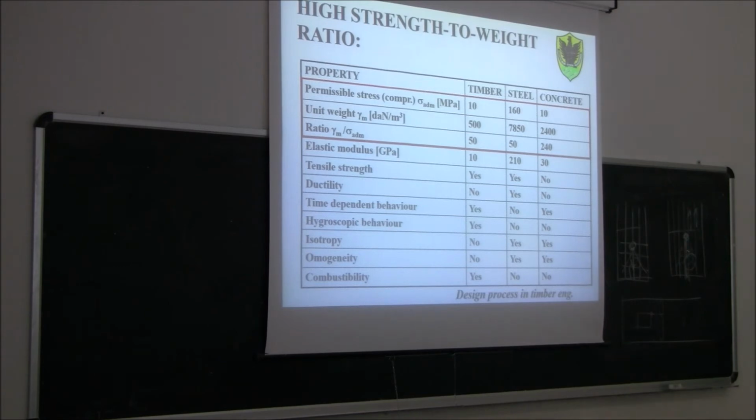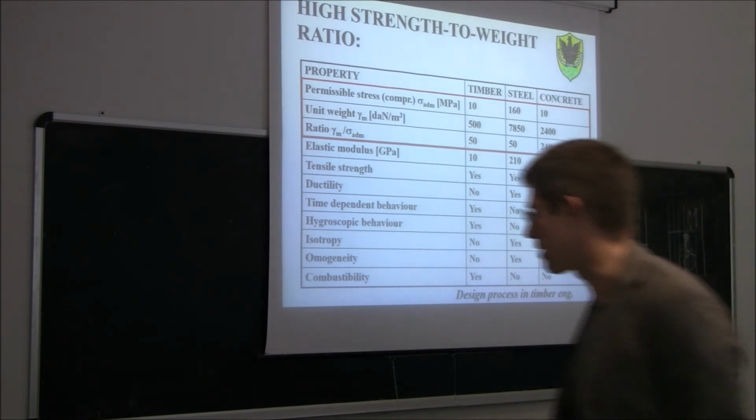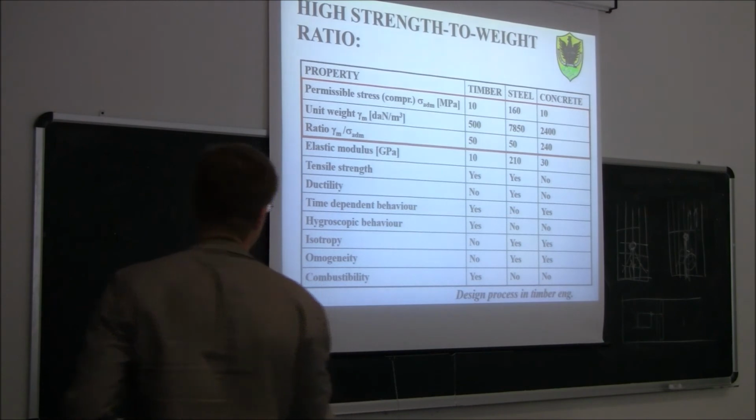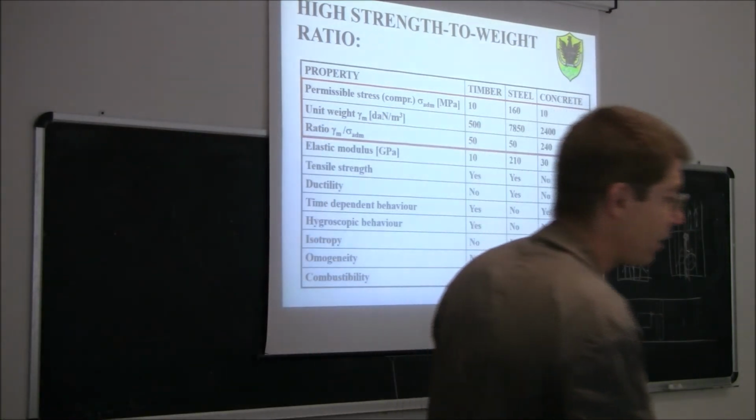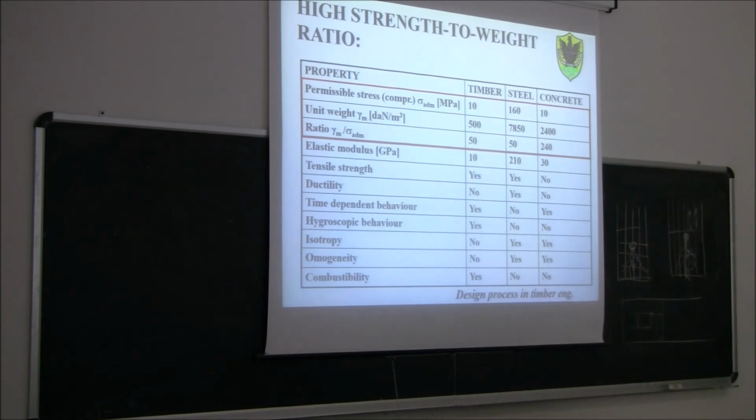Permissible stress, if you remember, is basically the strength divided by a global safety coefficient. It's a measure of the strength. So the permissible stress is basically a measure of the strength of the material. Okay?